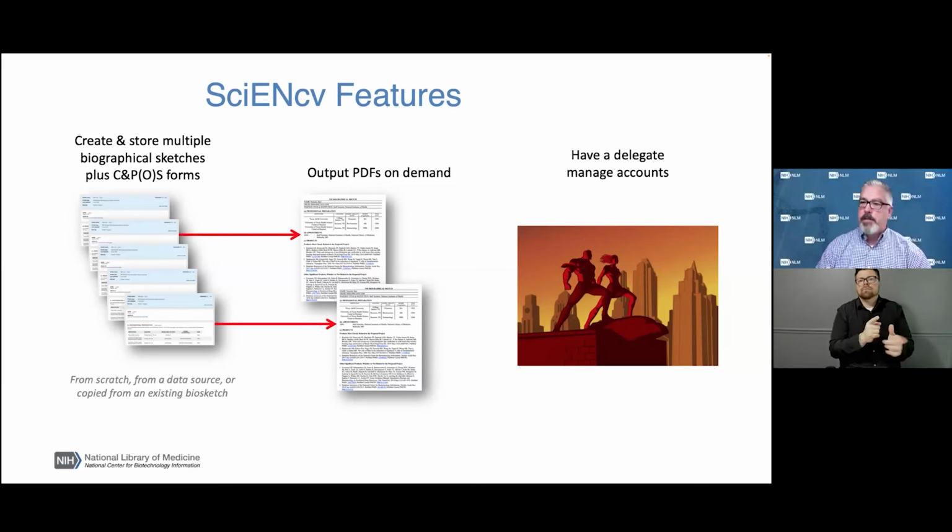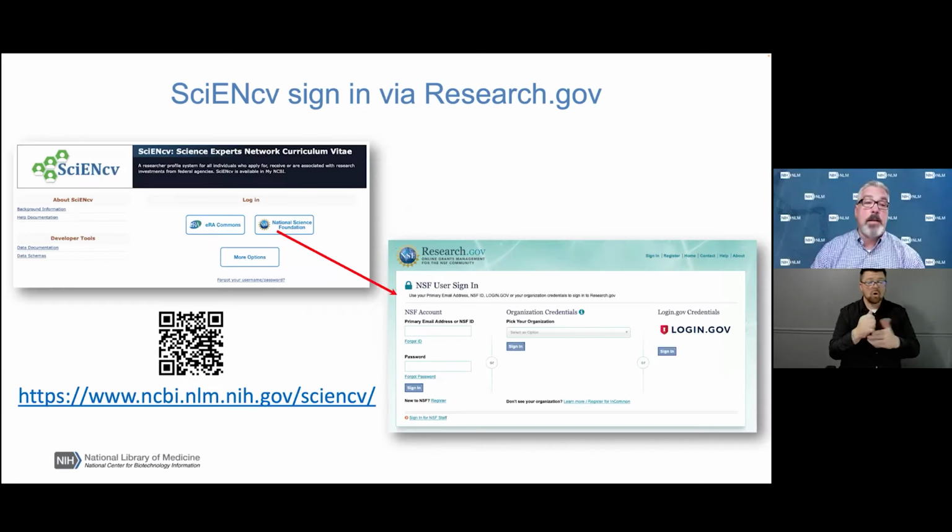So within SciENcv, you can have multiple copies of biosketches that highlight different aspects of your research. And as you go through the years and you want to update them, that's fine as well. You can find an older version of your biosketch, update it to a newer version, and you're off to the races. We'll also look towards the end of my talk at delegates and how they can help assist the PIs in preparing this documentation.